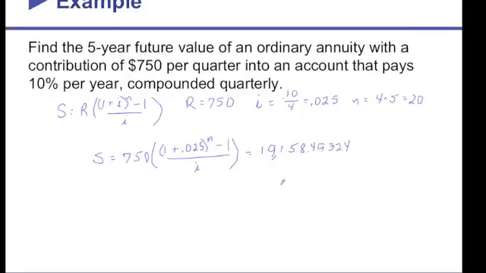Since this is money, we will round it to the nearest cent and get $19,158.49. So that will be our value after 5 years.